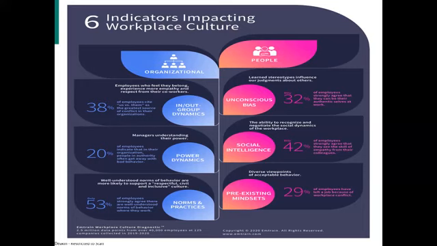Another one on the right-hand side, these are the people side of culture in an organisation. 32% of employees strongly agree that they can be their authentic selves at work. People are very happy if they can be themselves, which means that they're prepared to get on with their job. They don't have to waste a lot of time or energy being someone else, or perhaps wearing a mask, if you like, or trying to match or compete with stereotypes that people have about how they should be behaving.